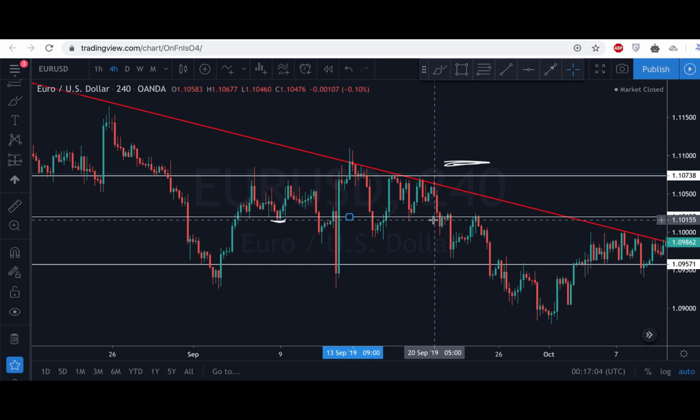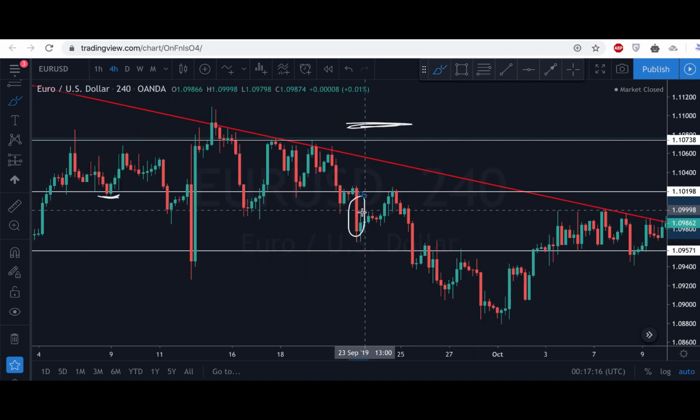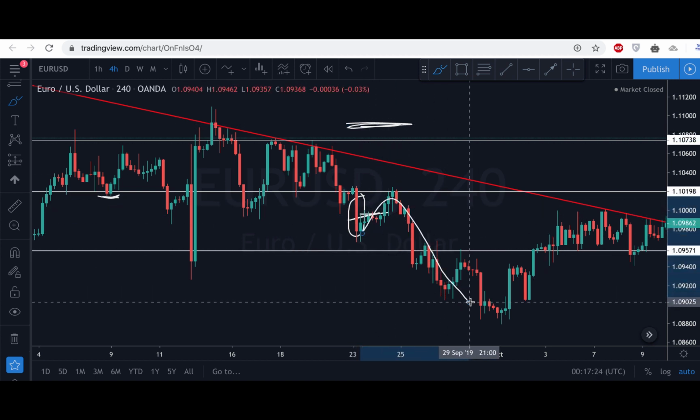So our job was simply to enter when we see the market breaking, which we did see over here. The market broke through that level with huge volume, and as soon as that candle closed, we would do a sell over here. That would be our stop loss, and the market continued to go down, right?